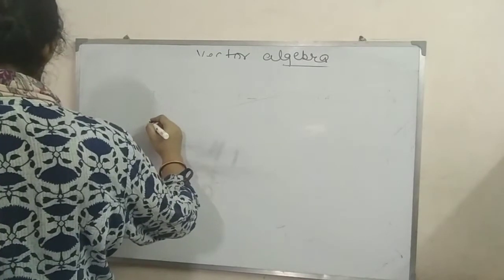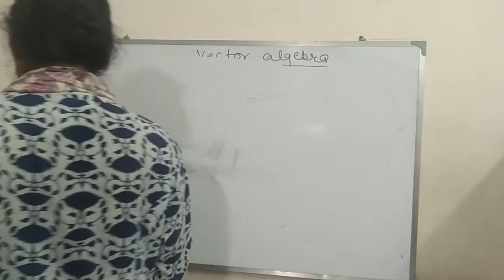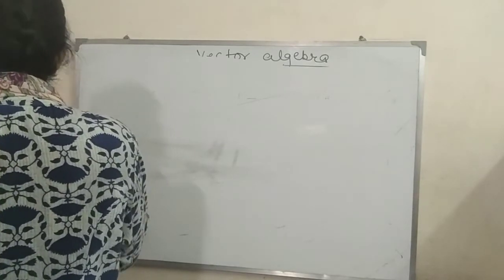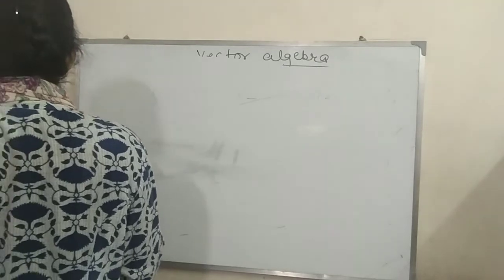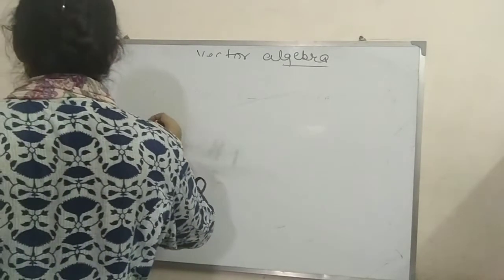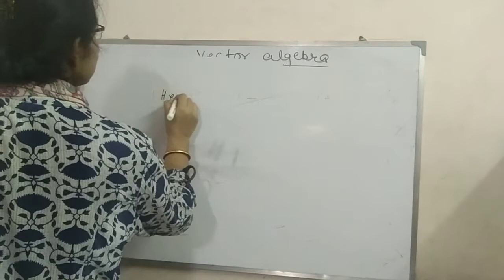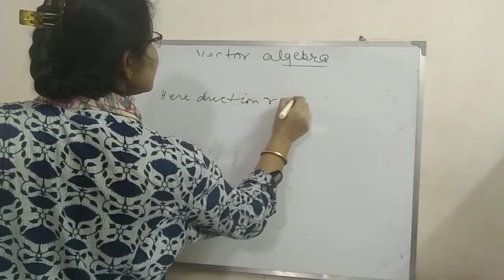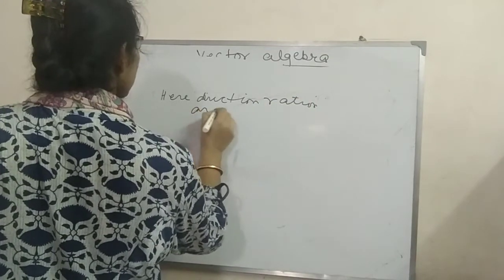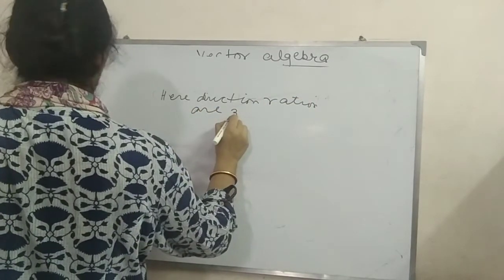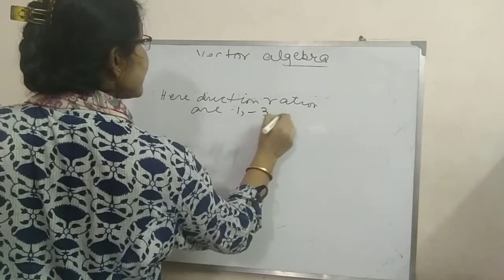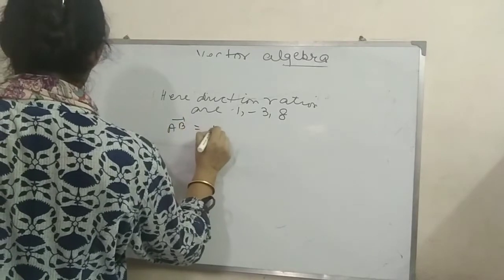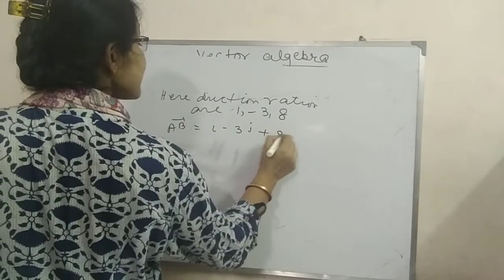Unit vector is here. Direction ratios are 1, minus 3, 8, because AB equal to I minus 3j plus 8k.